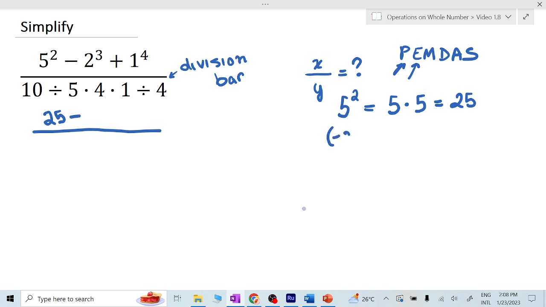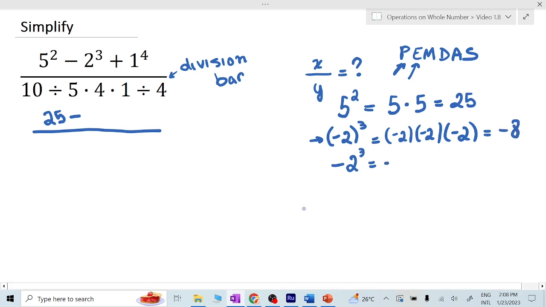This is one situation, and this is another situation. I'm going to explain to you. What has been raised here in the first example to this third power? The negative 2. So it's going to be negative 2 times negative 2 times negative 2, and if you multiply, it's going to be negative 8.